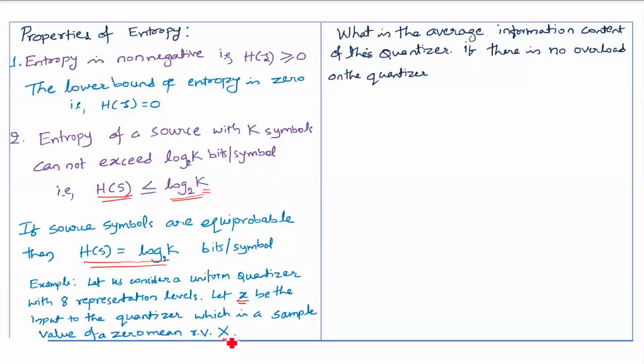We can assume the quantizer levels are all equiprobable, all 8 levels. It need not always be true, but let us assume it. It will take all values from the negative peak to the positive peak, and we say all these levels are equiprobable. We can assume that.